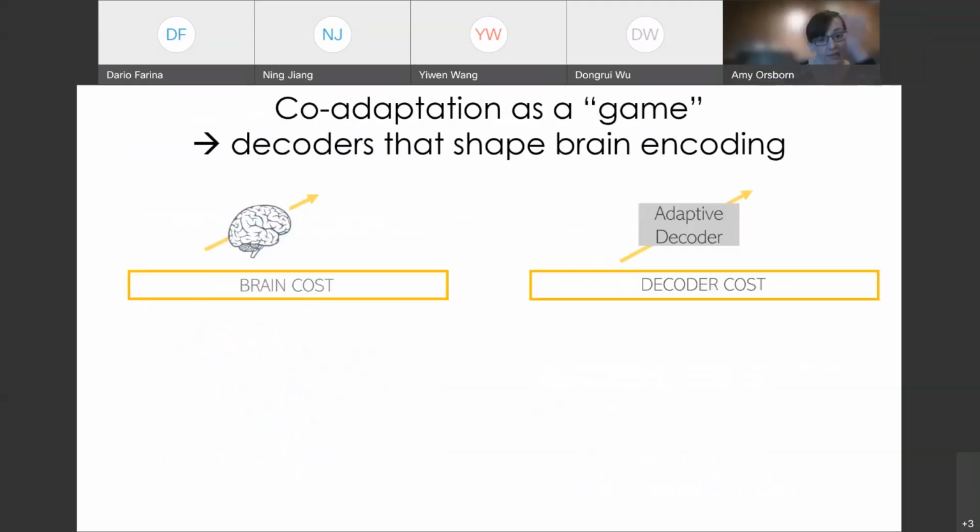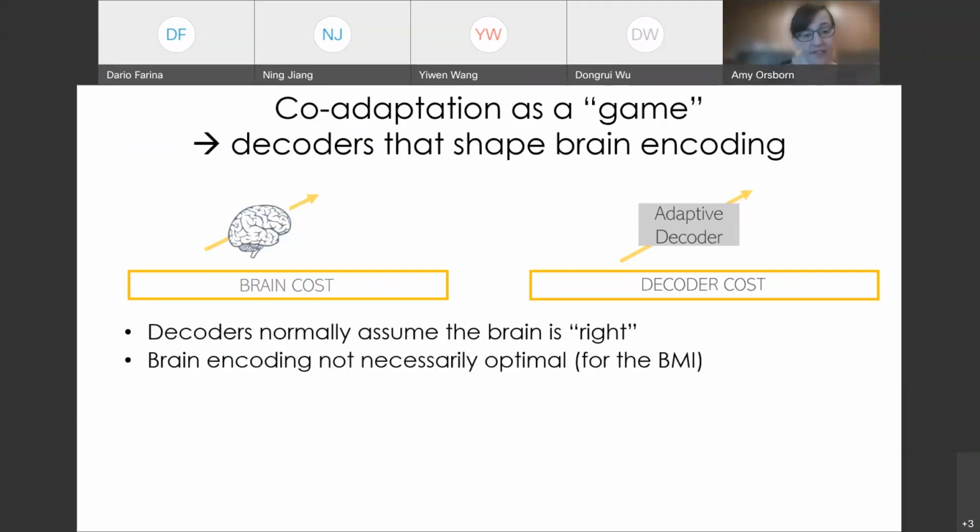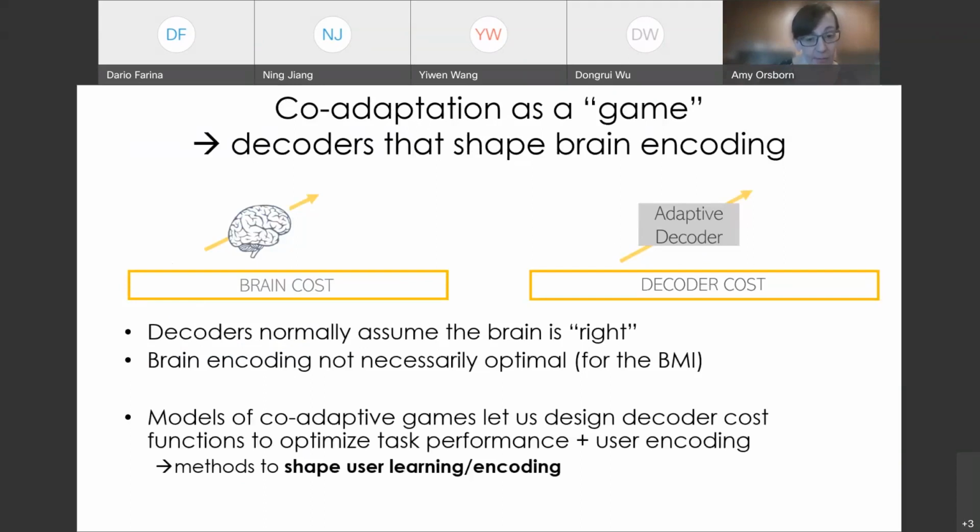I'll try to wrap up quickly here, but the main thing that I'm excited about is this reframing of co-adaptation, which allows us to start thinking about decoders that don't just assume that the brain is right and try to only optimize task performance, but instead think about shaping the user's learning and encoding as an objective of the decoder.